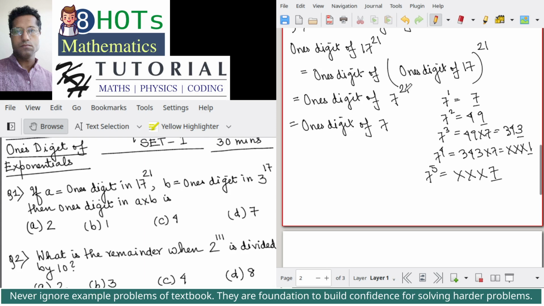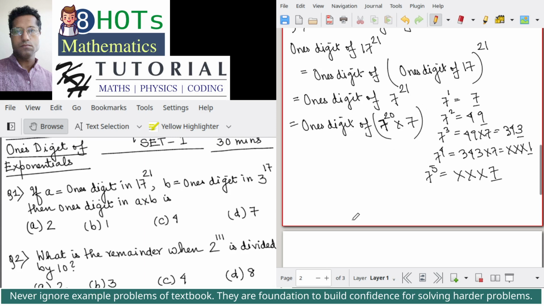The nearest number smaller than 21 which is a multiple of 4 is 20, so it will be 7 to the power 20, and we have multiplied by 7.